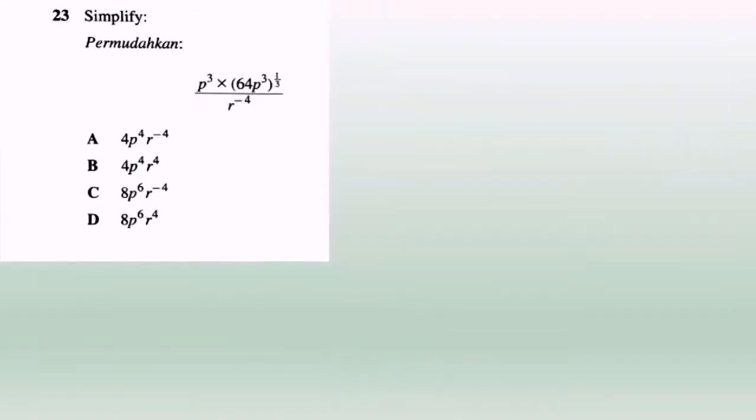Question number 23. Simplify this algebraic expression. P power of 3 times, because here is 1 over 3, so I try to change this number to something power of 3. So this is 4 power of 3 times P power of 3, power of 1 over 3.